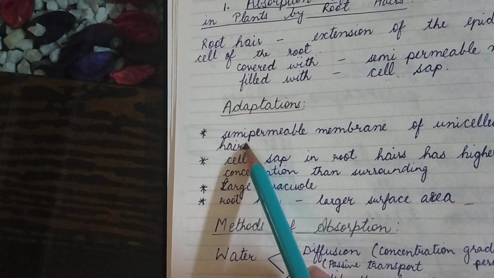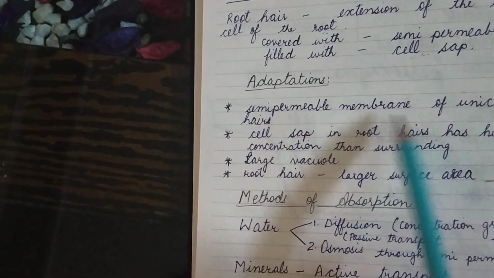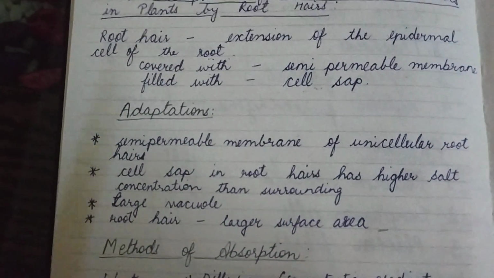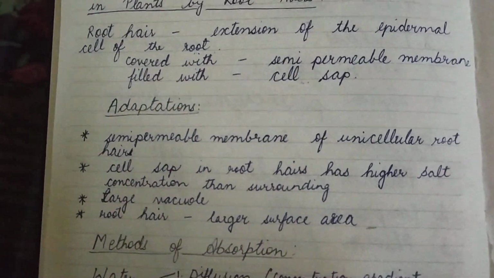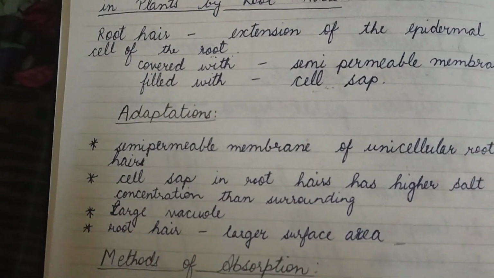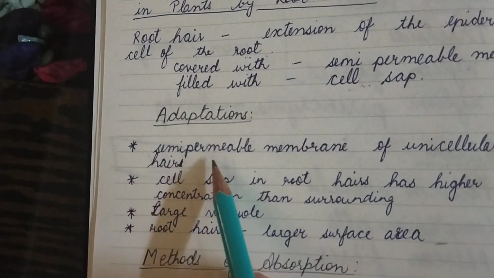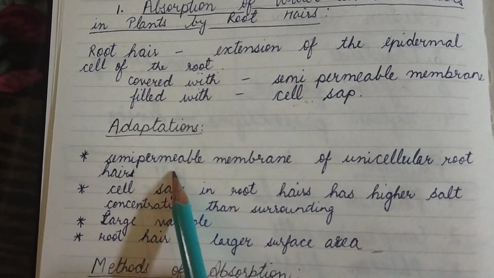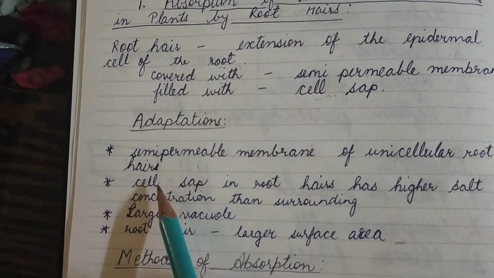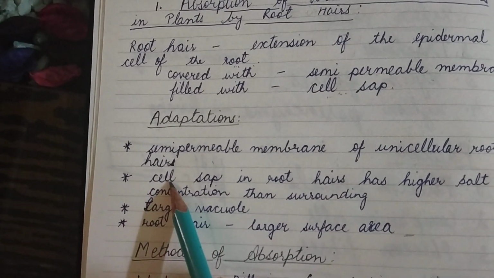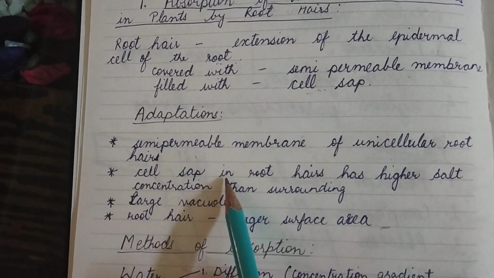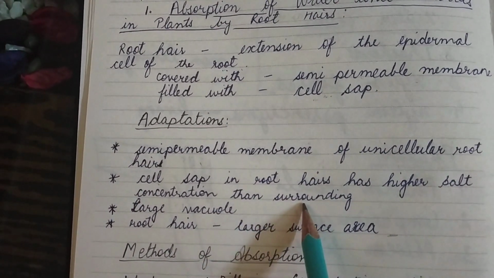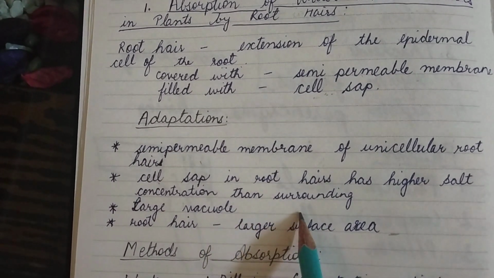The very first adaptation is the semi-permeable membrane of the unicellular root hair. It is semi-permeable, so the unwanted substances are not allowed to enter inside. There will be soil particles also, unwanted particles harmful for the plant, that will not be permitted inside. The next adaptation is that the cell sap in root hairs has higher salt concentration than the surrounding. This we'll discuss a little later in this chapter.